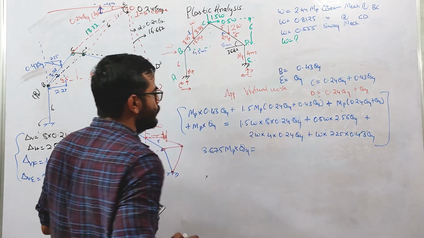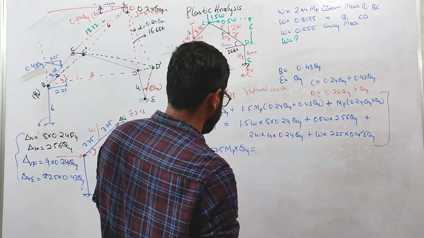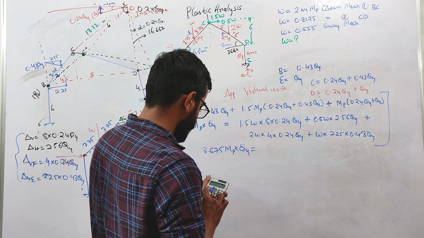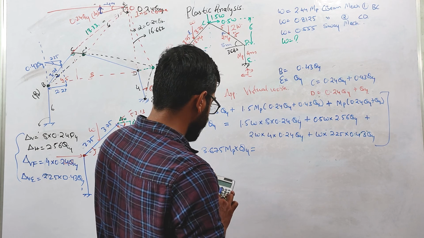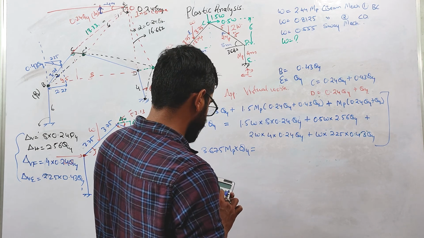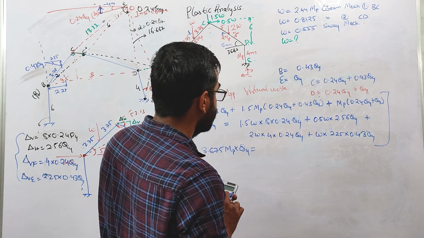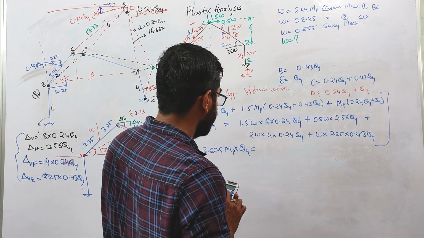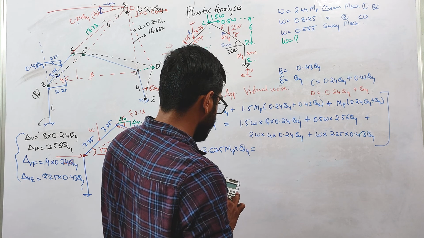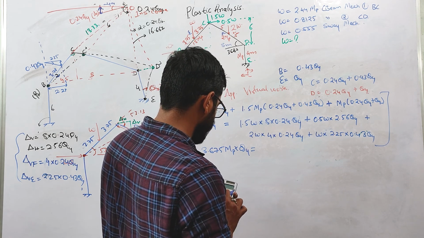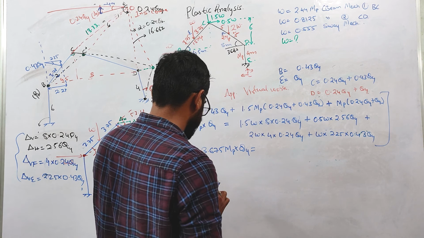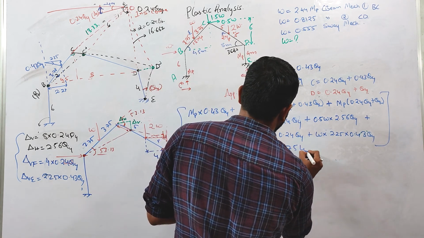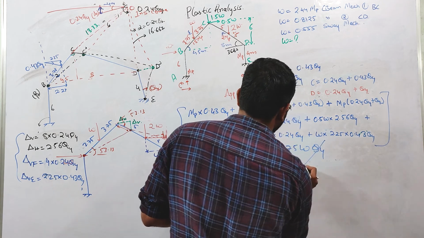And this should be equal to the value of this expression: 1.5 into 8 into 0.24 plus 0.5 into 2.56 plus 2 into 4 into 0.24 plus 2.25 into 0.43. This value comes out to be 7.0475 W theta 4. Theta 4 will cancel out.